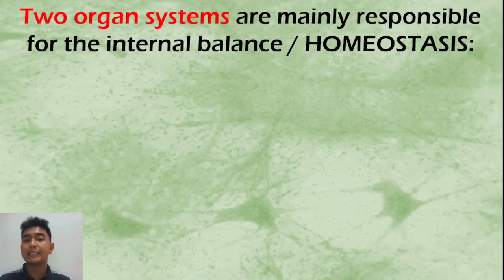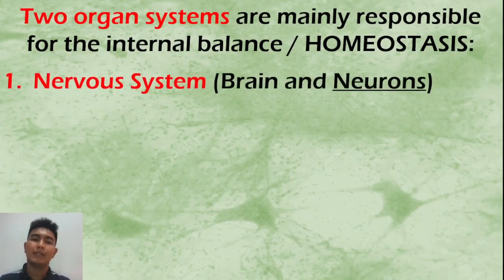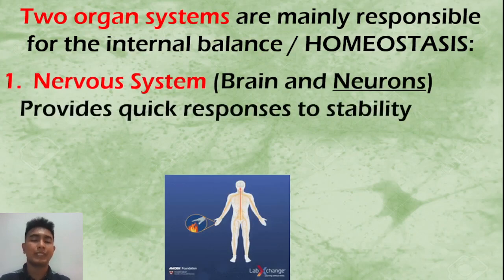So, two organ systems are mainly responsible for homeostasis. First is the nervous system. When you are in danger in short-term situations, like for example, fire, the temperature getting too hot, too cold, the nervous system provides quick responses to stability.